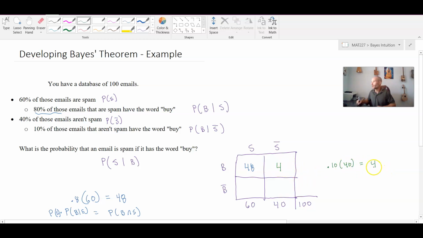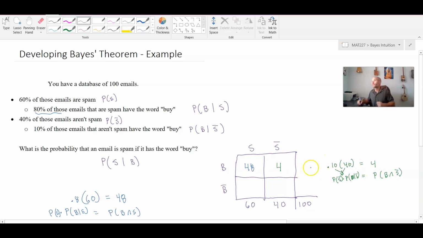And so again, what we did here to find the probability of B and not S is we took, here, I'm going to again switch these, the probability of B given not S, multiplied by the probability of not S. And that was the 40, and this was the 10%, and that gave us this 4.